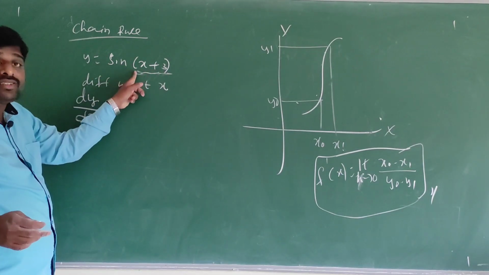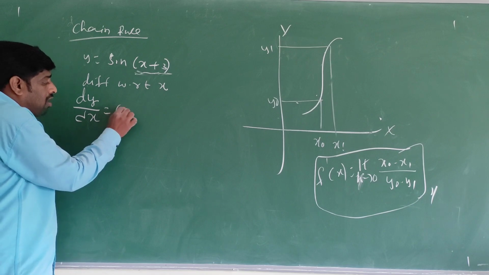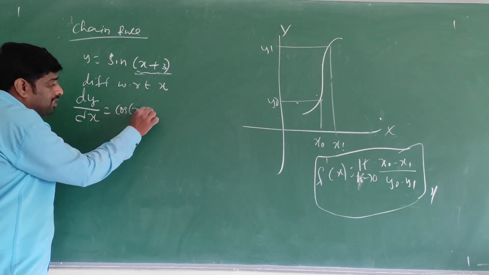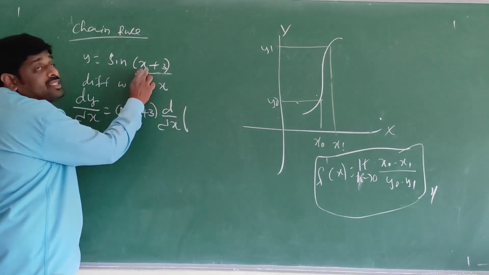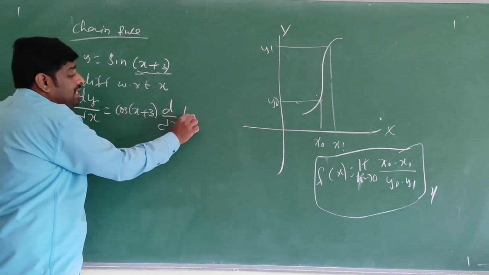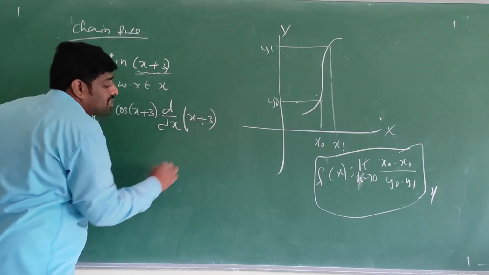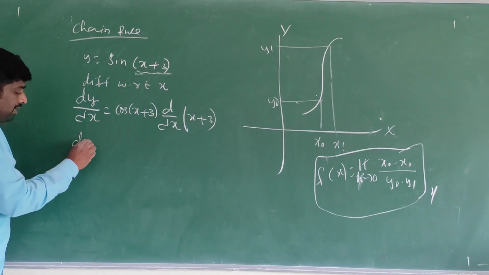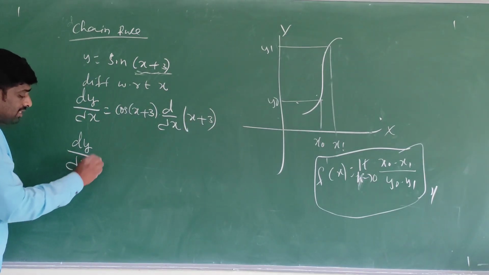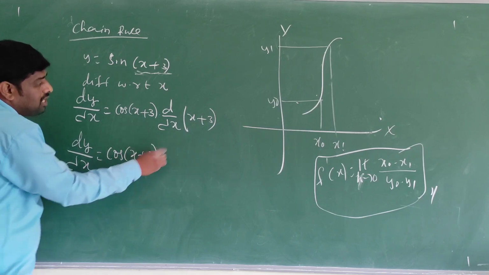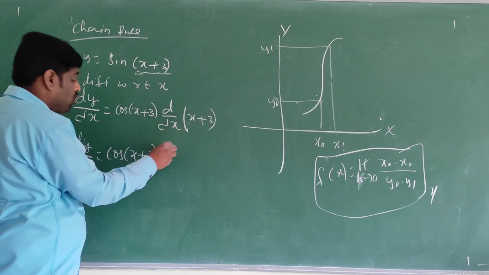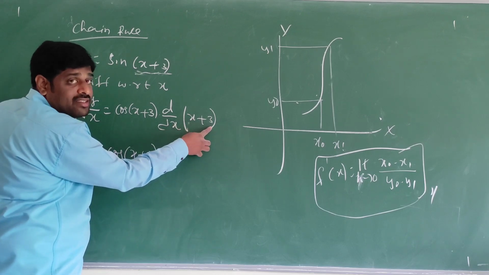The differentiation of sine is cos of (x plus 3) into d by dx of this function. So dy by dx is equal to cos of (x plus 3) times d by dx of (x plus 3). d by dx of x is how much? 1. d by dx of 3 is how much?